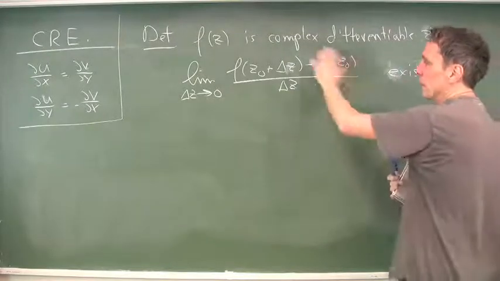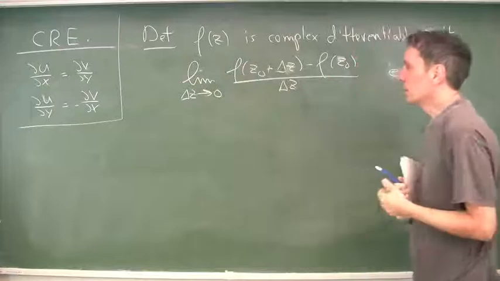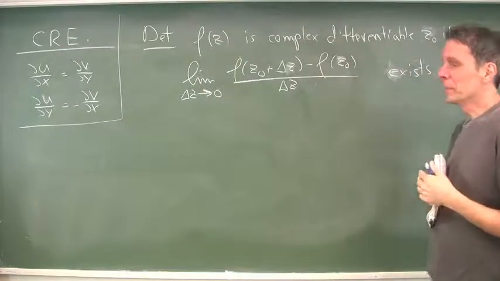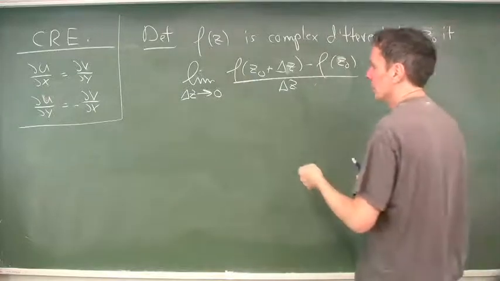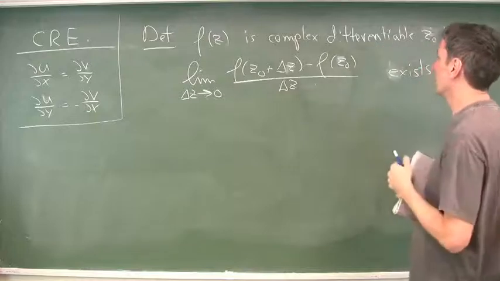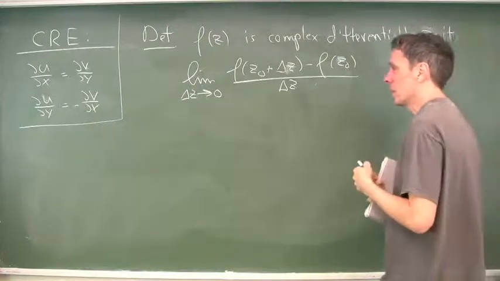Of course, this looks very, very much like the definition of an ordinary derivative in the real valued theory. So the name here, complex differentiable, is quite a natural one.